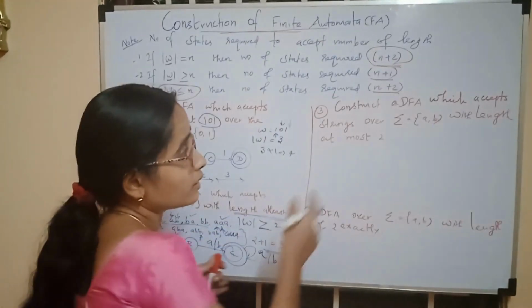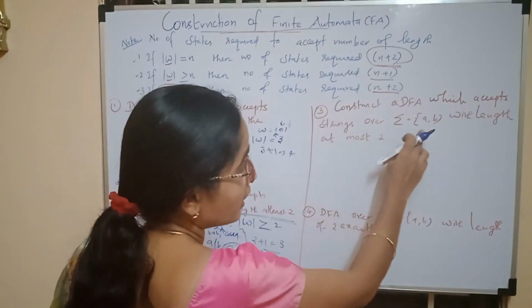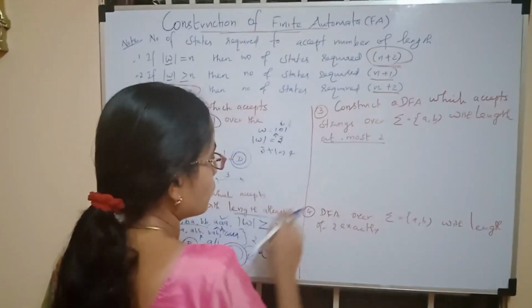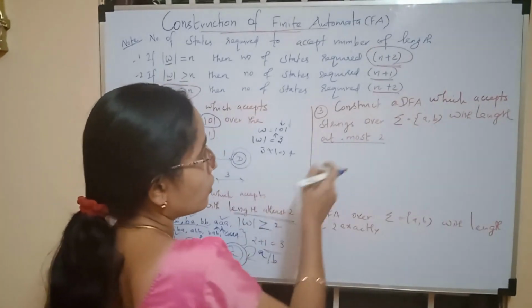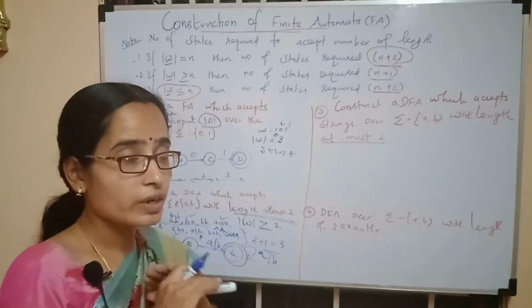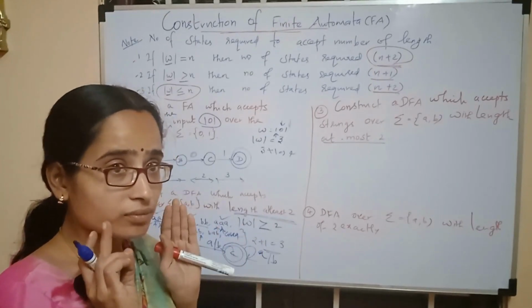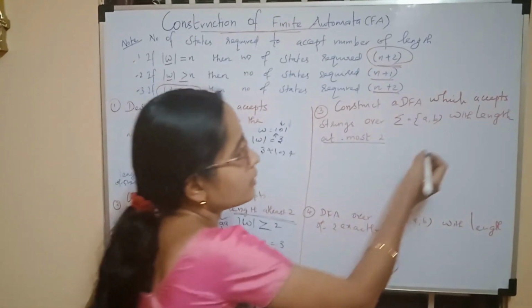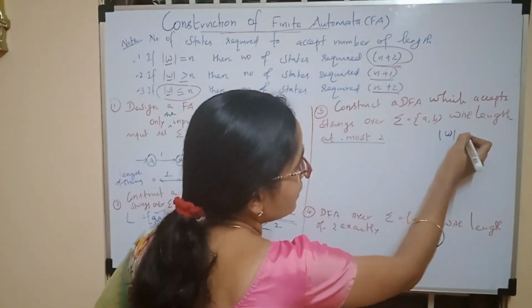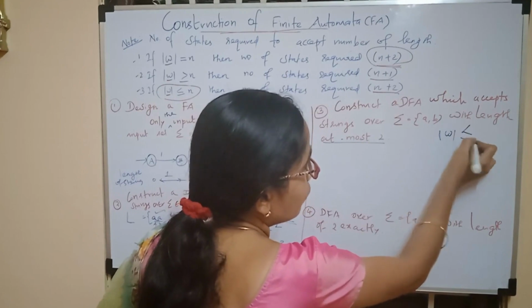Third one: construct a DFA which accepts the strings over A comma B with length at most 2. Okay, at most 2. Previously we have seen at least 2. So what does at most 2 mean? The length of the string will not exceed the number 2, right? And this is the mathematical notation: the length of W is less than or equal to 2.